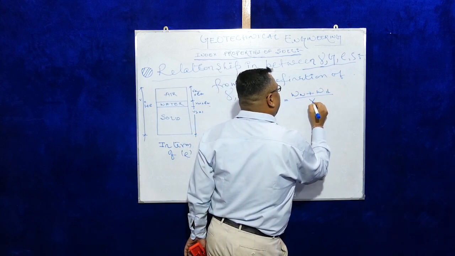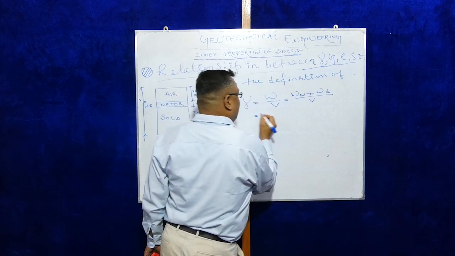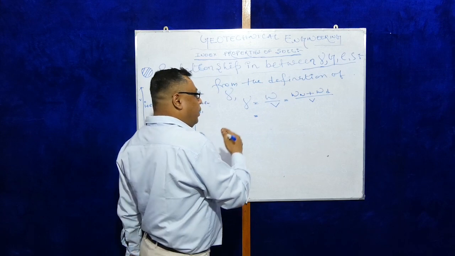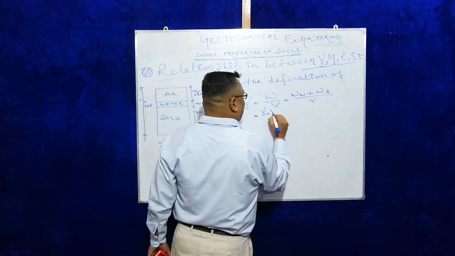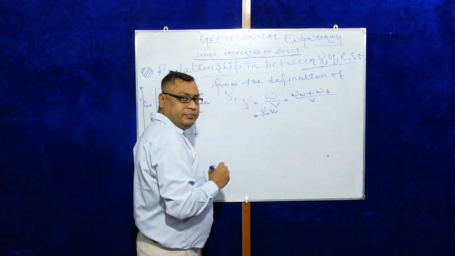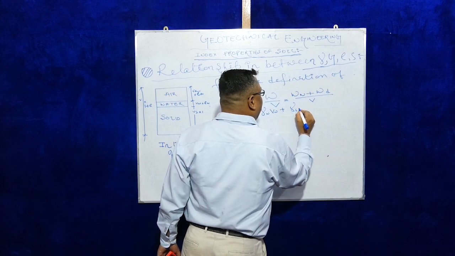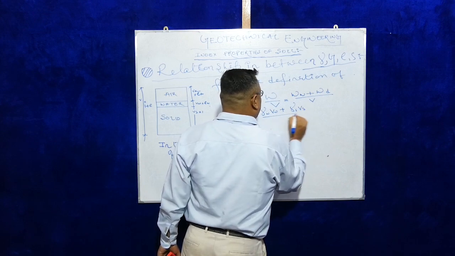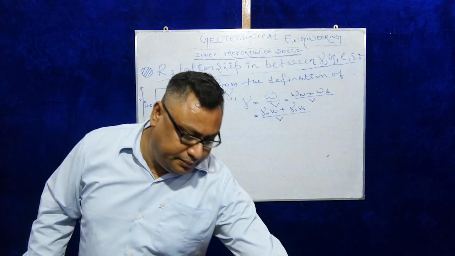Therefore, gamma is equal to the weight of water plus weight of soil solids, divided by V. Again, as we know, what is weight of water? Weight of water is equal to unit weight of water into volume of water. And what is weight of soil solids? Unit weight of soil solids into volume of soil solids, divided by V. Right?